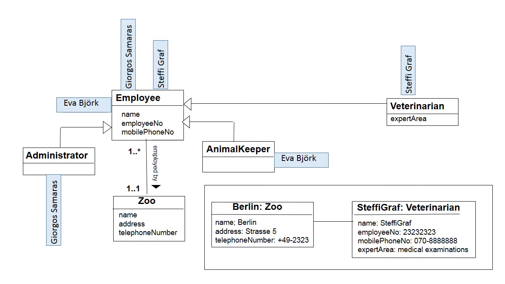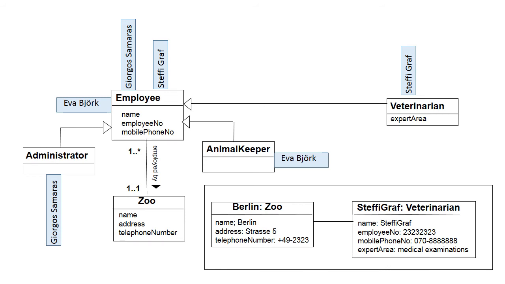Steffi Graf is an object of a veterinarian. And the veterinarian has one attribute, expert area, which will get a value. But since veterinarian is a specialization or subclass to the employee class, it will also inherit the other three attributes and get values for these when you create the object, as you can see here.